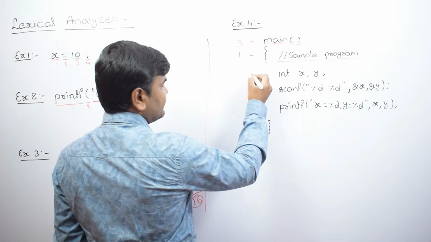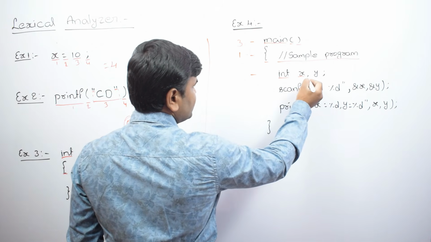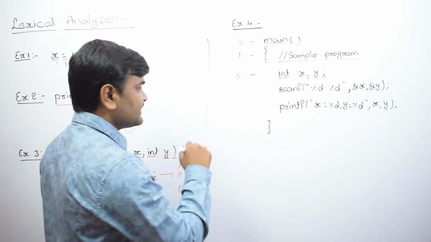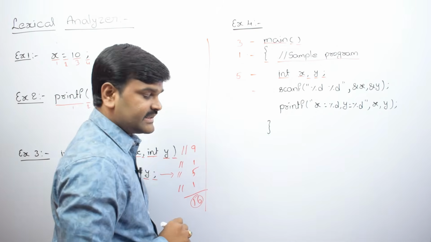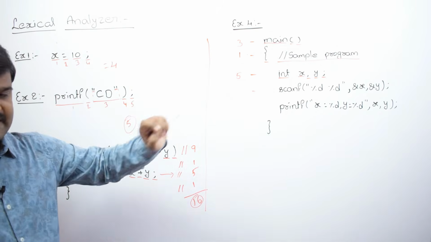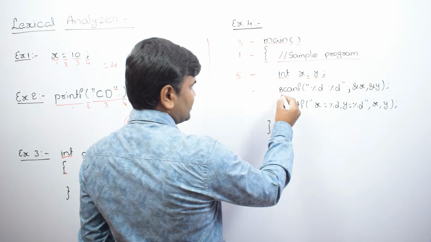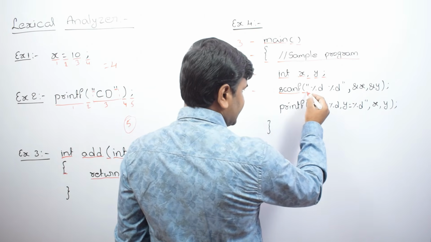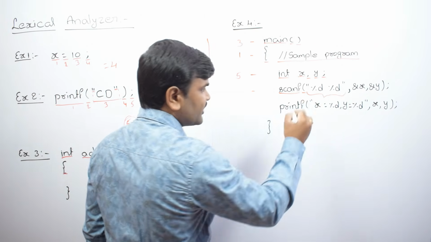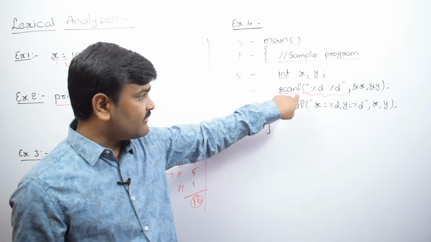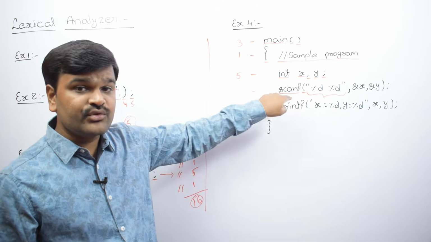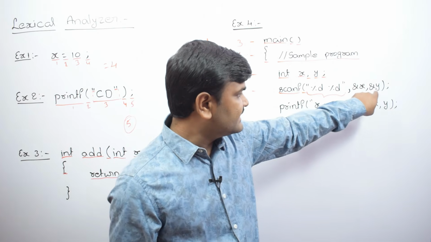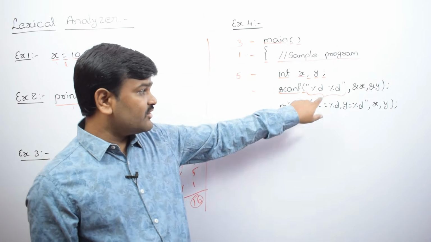Next, if you come here, how many? 1, 2, 3, 4, 5, a total of 5 tokens are there. Based on the earlier discussion, you can tell how many tokens are there in total. This is one token, 1, 2, next. From here to here, this is one token, is it or not? Because this is the function scanf, and you are passing parameters to scanf.